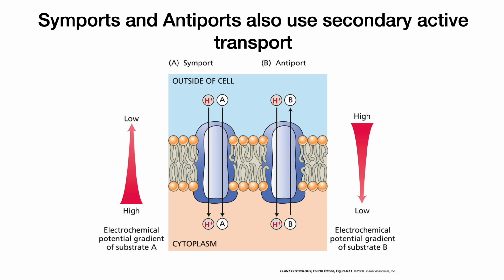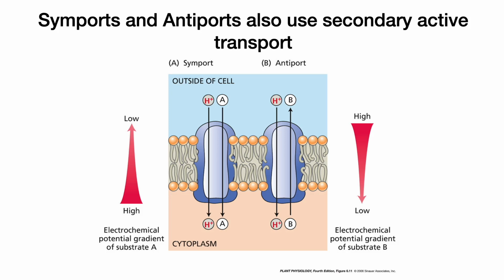In the example on B, we have what is called an antiport, where the electrochemical potential gradient of protons is passively driving the transport of B against its electrochemical potential gradient. So there's movement in the opposite direction.